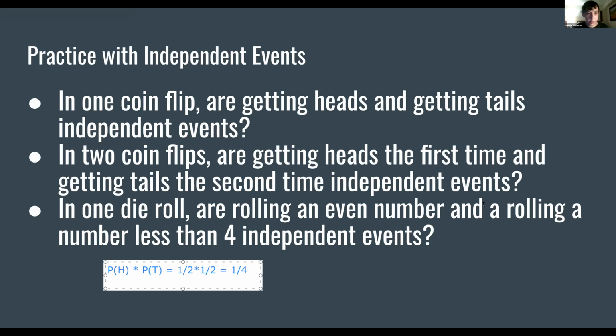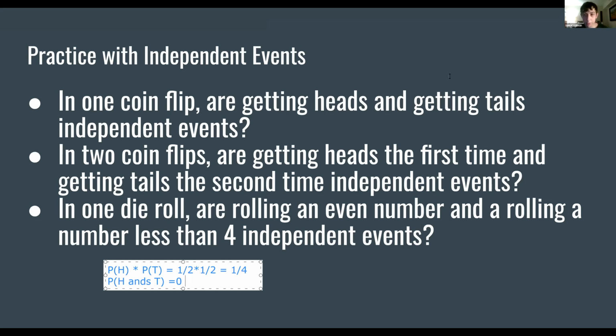But the probability of getting heads and tails at the same time, it's only one flip, so we can't do that. So that has a probability of 0, and 1/4 is not 0. So these two events are not independent.